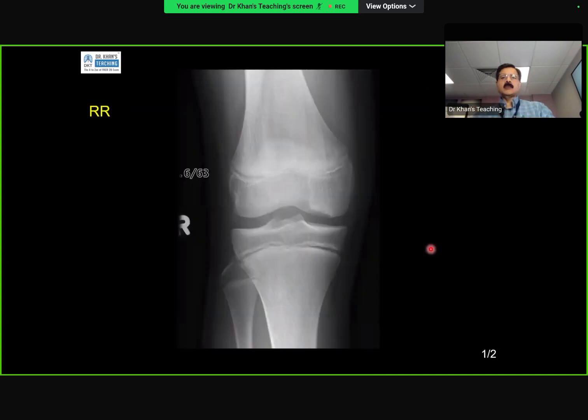Normal, abnormal? Can you change the window a little bit? I'm on a PowerPoint, so I cannot change the window. This is not a DICOM. But you can see the finding.